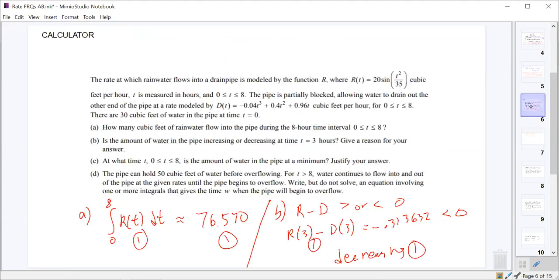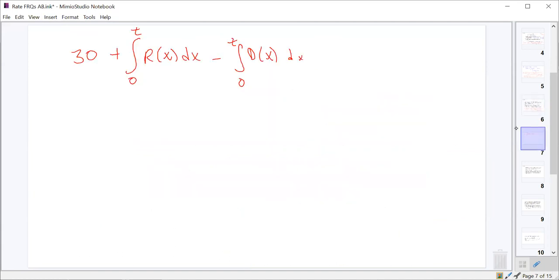We want to know specifically when this amount is at a minimum. So to find when the amount is at a minimum, we'll just call this W, amount of water. So we'll take the derivative of this. The derivative W prime is just R of t minus D of t. So if we want to know when it's at a minimum, we have to set that equal to 0.